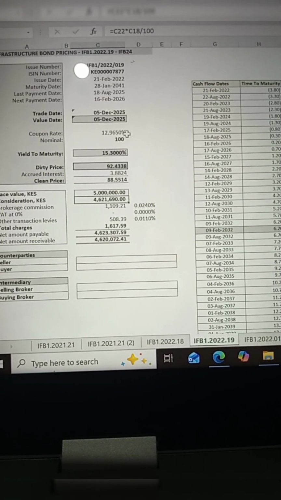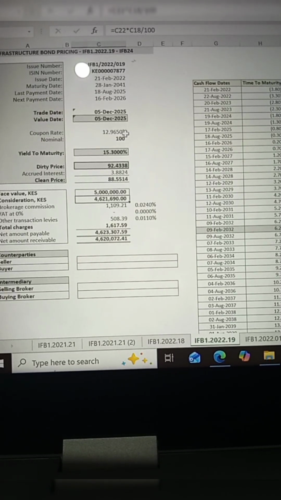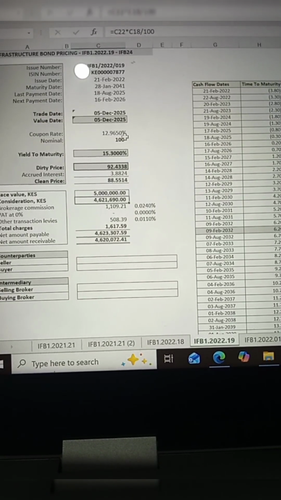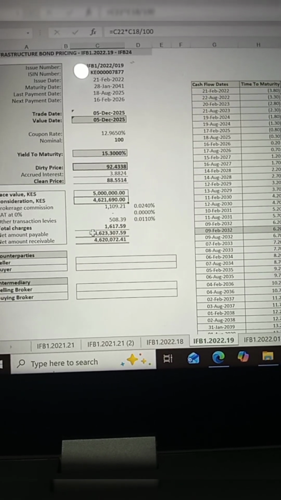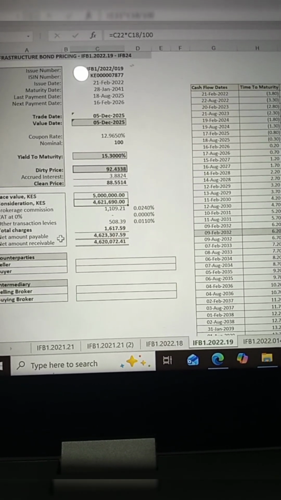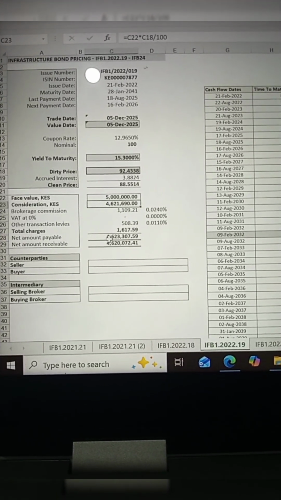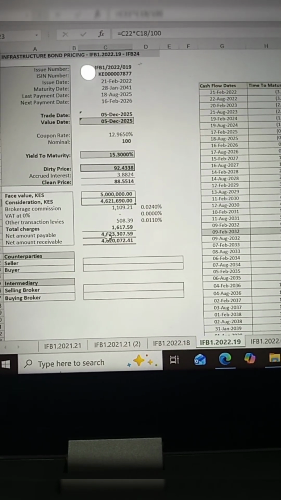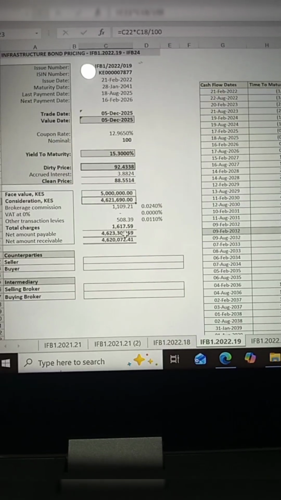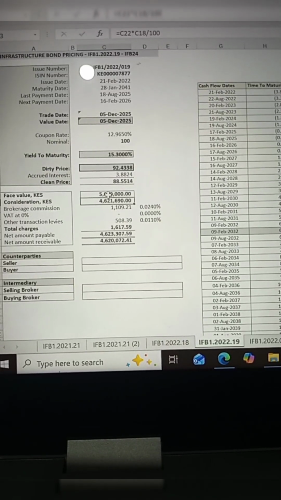So this client will buy this bond at a discount, because what he or she is getting is less than what is in the market. Let's pay attention to the net amount payable here, which comes to 4.6. So this client will actually just pay 4.6 for a bond with a face value of 5 million.